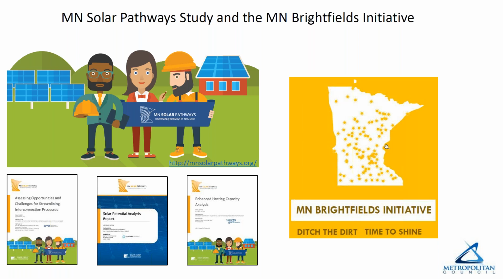Once that analysis was done, the Solar Pathways Project began to identify statewide development opportunities to support these technically and financially feasible goals. And it's there that the Minnesota Brownfields Initiative, a statewide partnership focused on creating an environmentally, fiscally, and socially responsible development pathway for solar on Minnesota's closed landfills, came about.